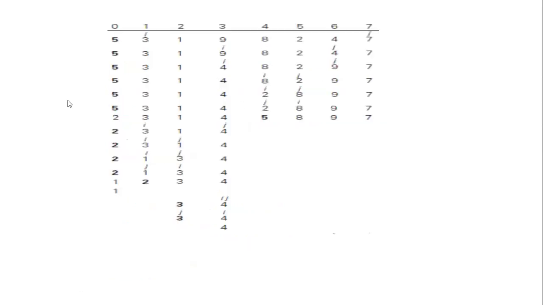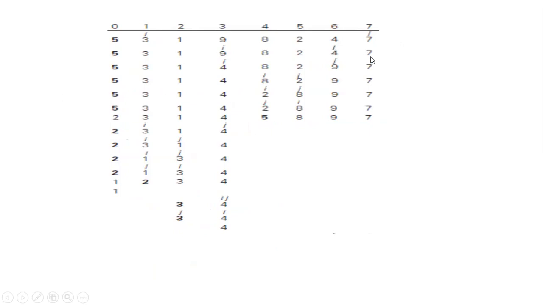This is an example. If you can see, this is the pivotal element, this is i and this is j. They increment the value of i and decrement the value of j. I have incremented the value of i till a of i is greater than the pivotal element, and decrement j till it is less than the pivotal element.